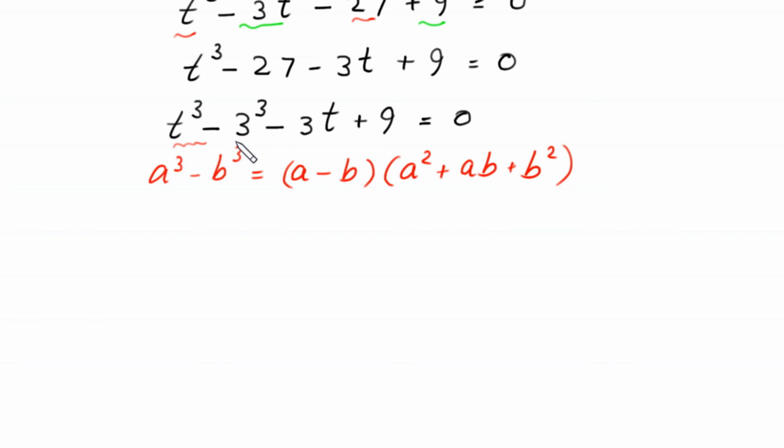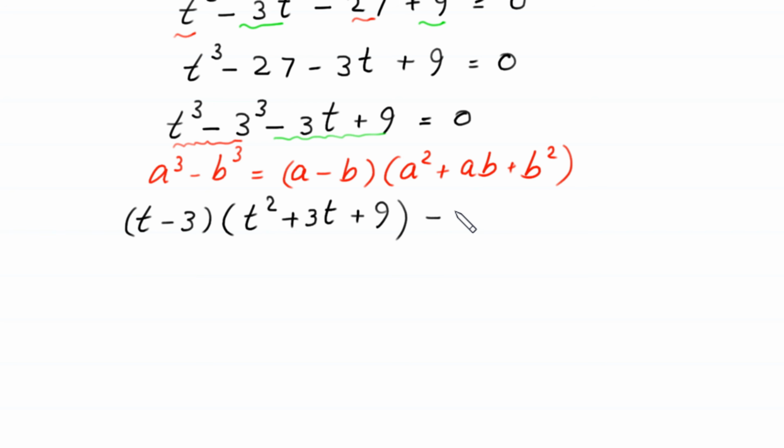This t cubed minus 3 cubed will become t minus 3 times t squared plus 3 times t plus 3 squared, 9. And from these two terms, negative 3t plus 9, we can factor out negative 3. Negative 3 as common factor, and in bracket left t minus 3 is equal to 0.